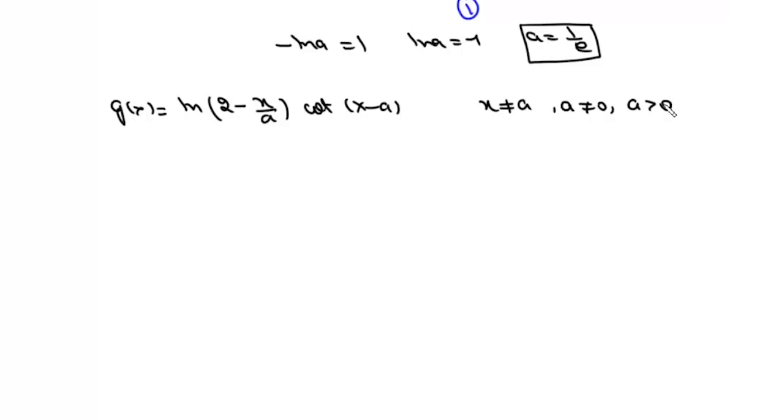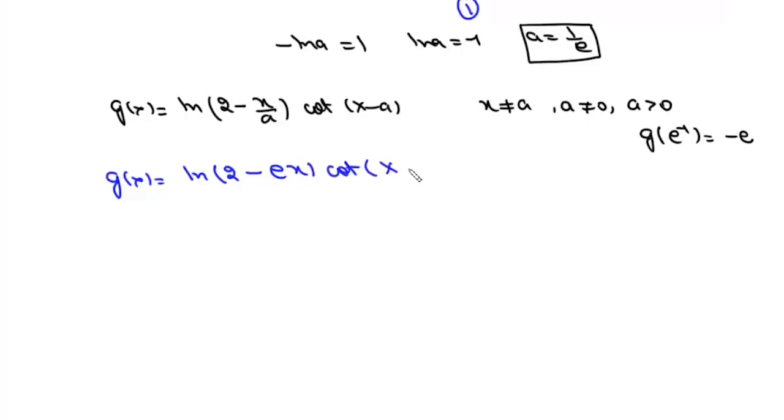And it says if gx is continuous at x equals a, then show that g e to the power minus 1 is equal to minus e. Now basically a in this case is 1 upon e. So we can write this gx as log 2 minus ex into cot x minus 1 upon e when x is unequal to 1 upon e.